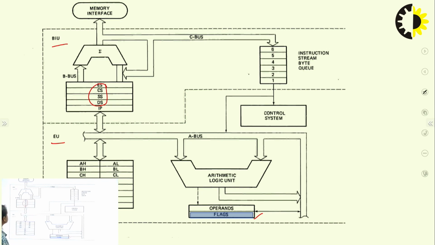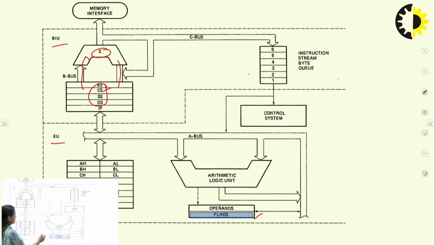The segment addresses are stored in these registers. This will be given here, and we will also provide the offset address, and then the physical address is calculated at this particular location, right?